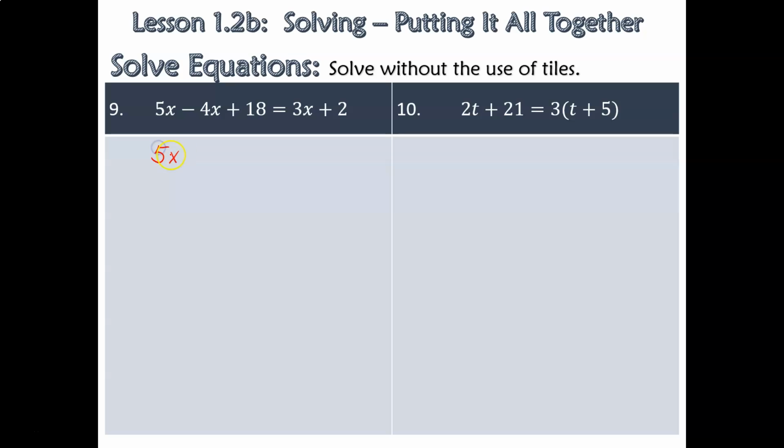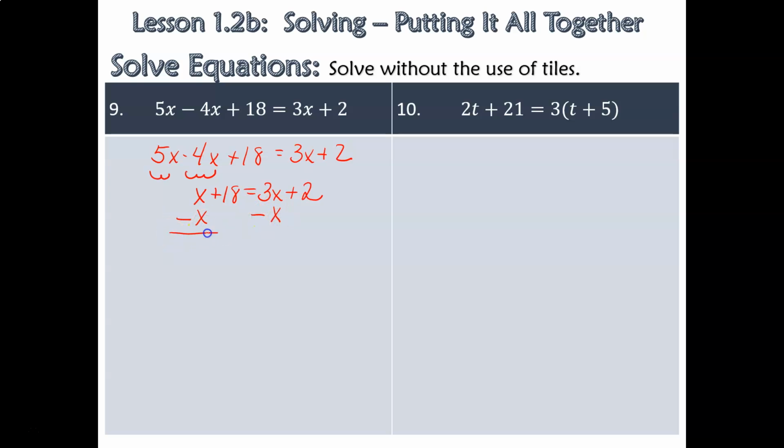So I have 5x minus 4x plus 18 equals 3x plus 2. We have no parentheses, but here we have to combine these. So 5x and 4x together is just plain old x. Now I'm going to subtract this x from both sides.